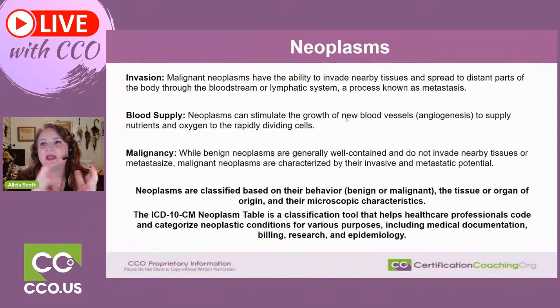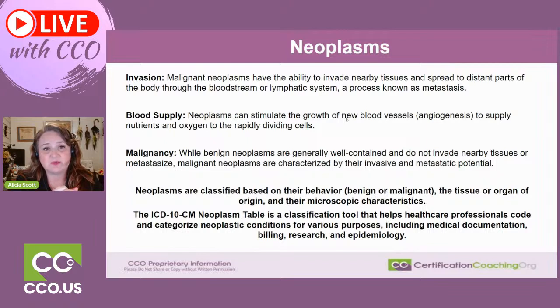The blood supply. This is really interesting, and a lot of people don't realize this about neoplasms. Neoplasms can stimulate growth of new blood vessels, which is called angiogenesis, to supply nutrients and oxygen to rapidly dividing cells. If you didn't know, chemotherapy kills rapid growing cells. That's why it's used to treat cancer.